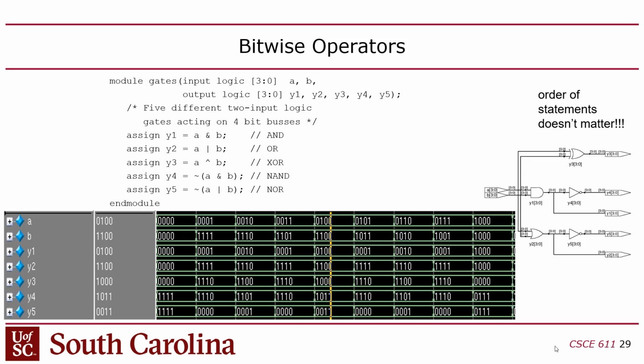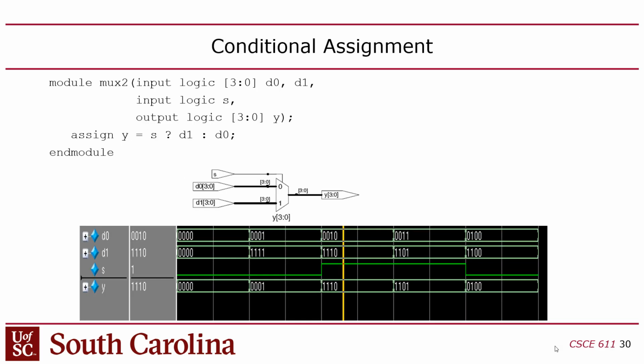So you just right-click on the wave editor and say radix, and you can pick which base it uses to represent these. You guys with me? So in this case, this is basically just doing bitwise operations in this module. The module has 2 inputs and 5 outputs, and each of the 5 outputs is a different bitwise operation of the 2 inputs, and then when you simulate it, you can see that here, okay? All right, so that's the multi-bit signals.